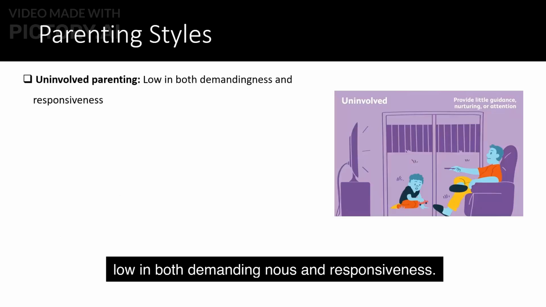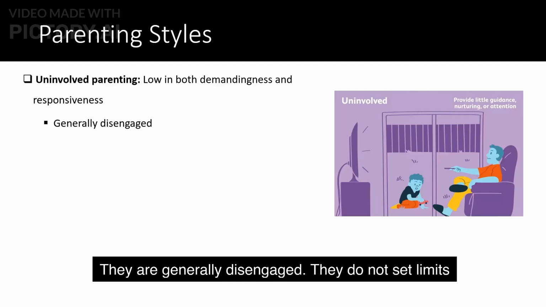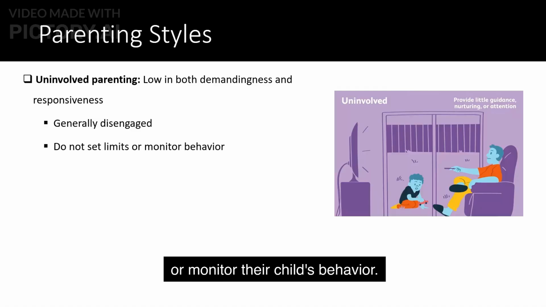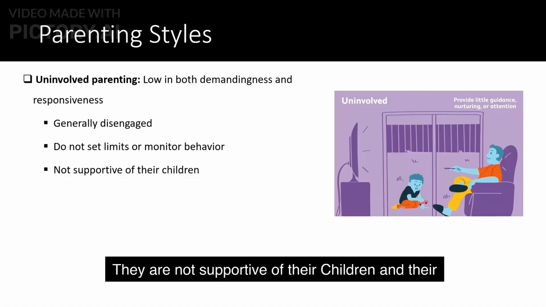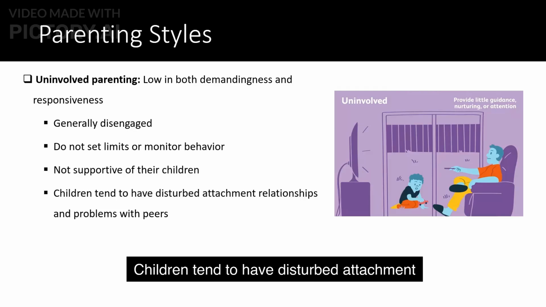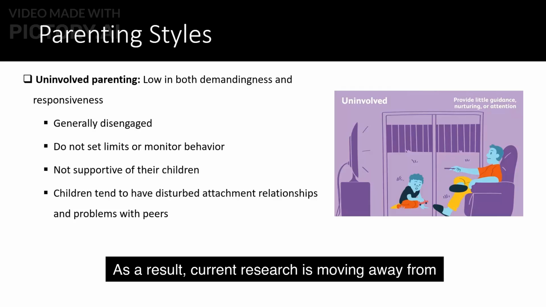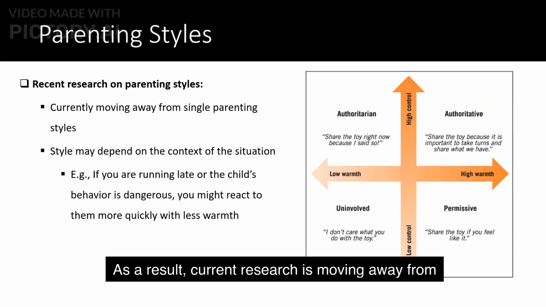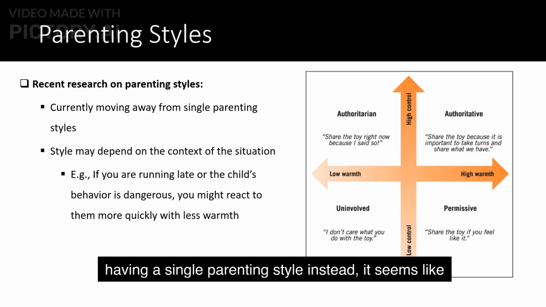These parents are low in both demandingness and responsiveness. They are generally disengaged. They do not set limits or monitor their child's behavior. They are not supportive of their children, and their children tend to have disturbed attachment relationships and problems with peers as a result.